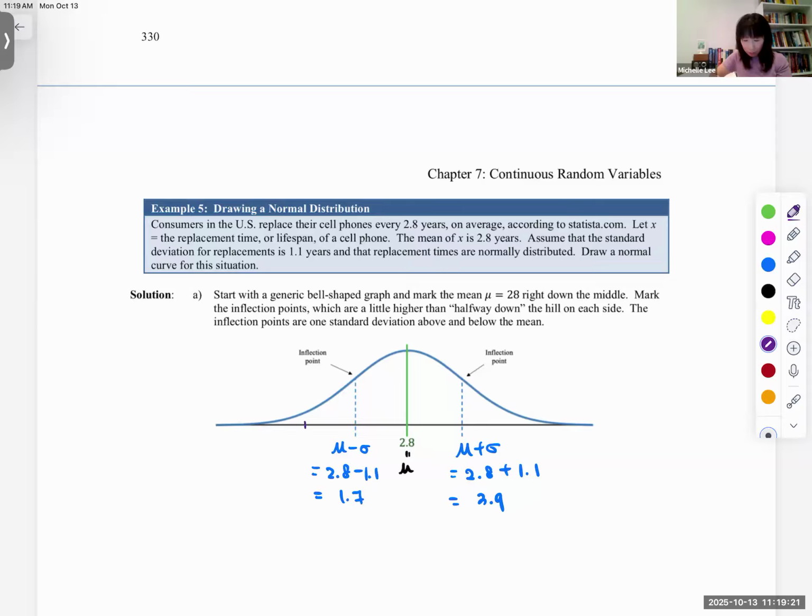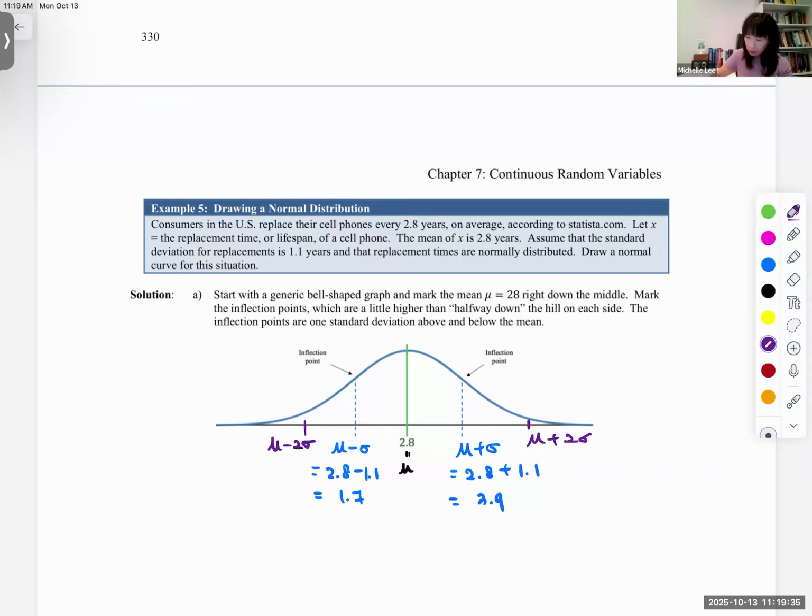Now, the next one is about here, right? So there will be mu plus 2 times sigma. And there is mu minus 2 times sigma. And the next one, it's hard to see, is mu plus 3 times sigma.